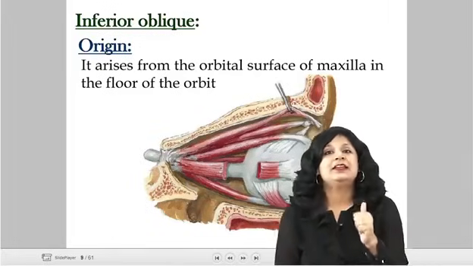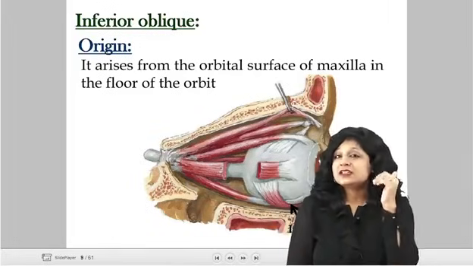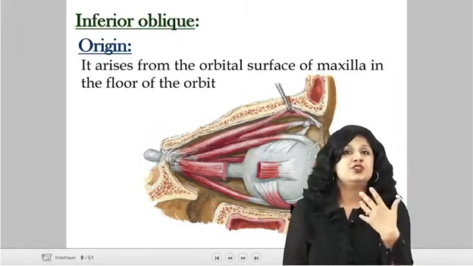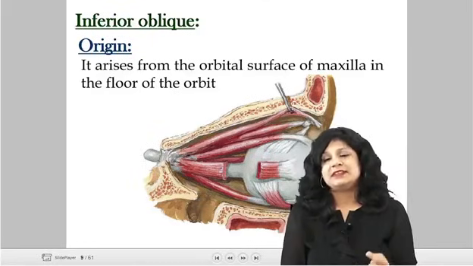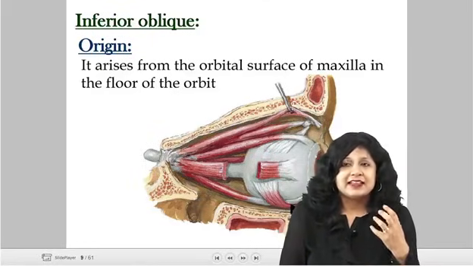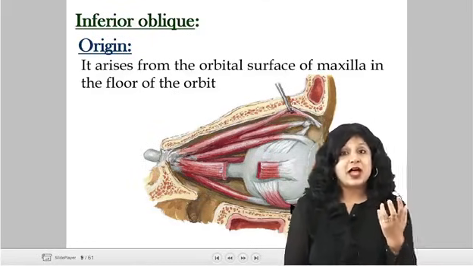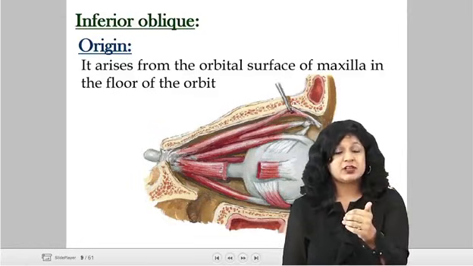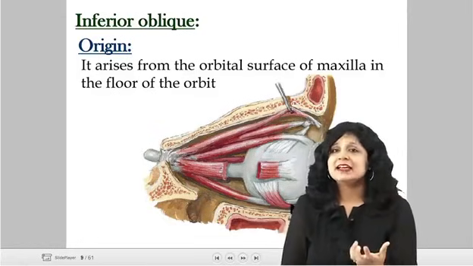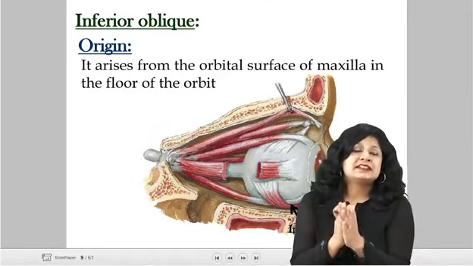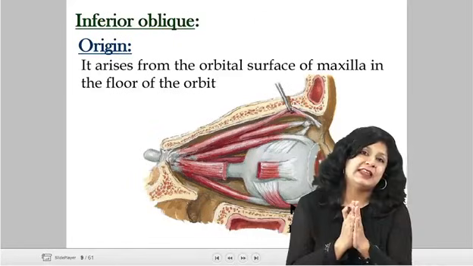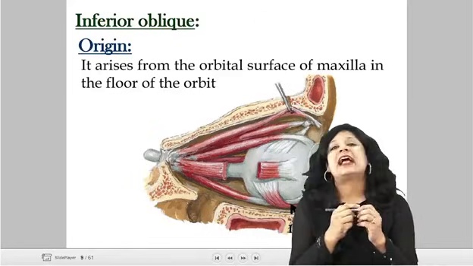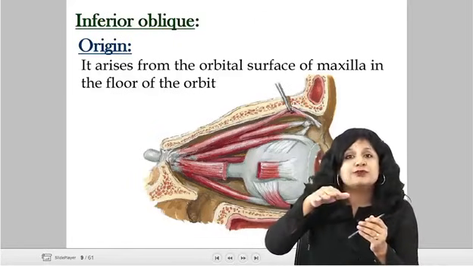Now coming to the inferior oblique muscle. This is again a muscle which is not coming from the annulus of Zinn, the common tendinous ring, and I think this is one muscle that you have to remember peculiarly because it is practically the only muscle which is not taking the origin from the annulus of Zinn. This is actually coming from the floor of the orbit.